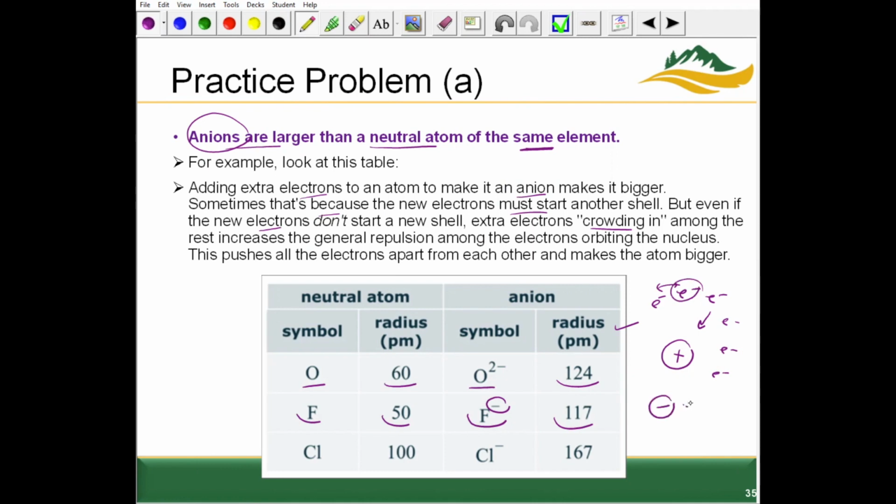So really those negatively charged electrons will sort of repel one another. That also leads to an increase in the atomic radius as the electrons try to get further away from one another. So they're going to take up more space. They're going to try to spread out to avoid being near a like charge. So like charges repel, whereas opposite charges attract.